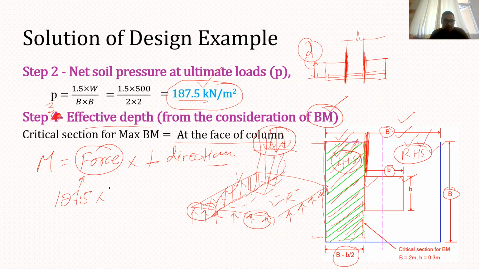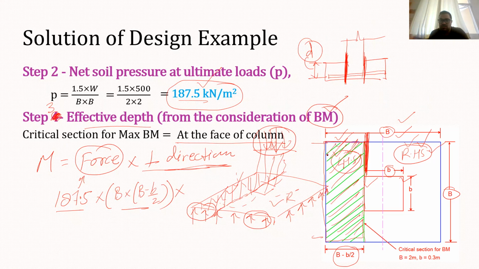So the area becomes B multiplied by (B minus b) by 2. That becomes our area. Pressure into area becomes the force, which is now multiplied by the perpendicular distance. So where will the perpendicular distance be? The perpendicular distance will be the distance between the critical section and the point where the whole force will be concentrated.